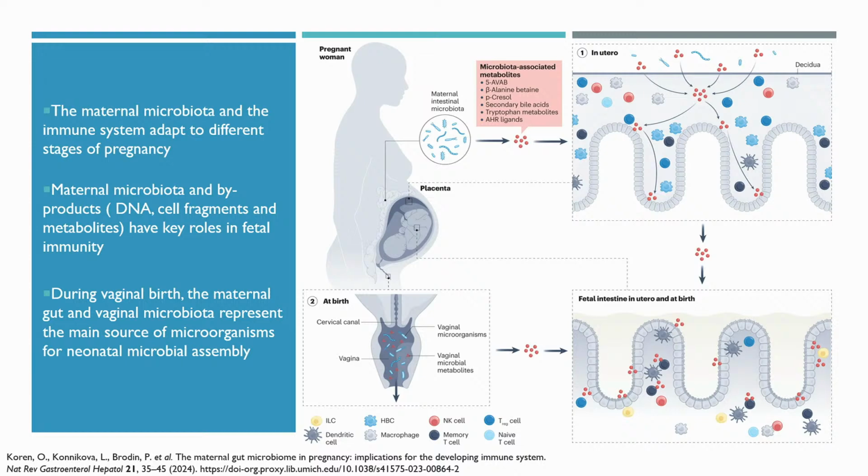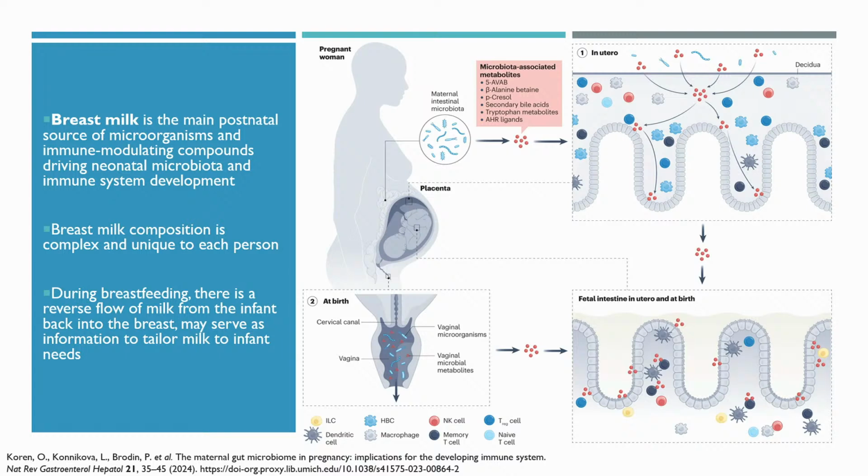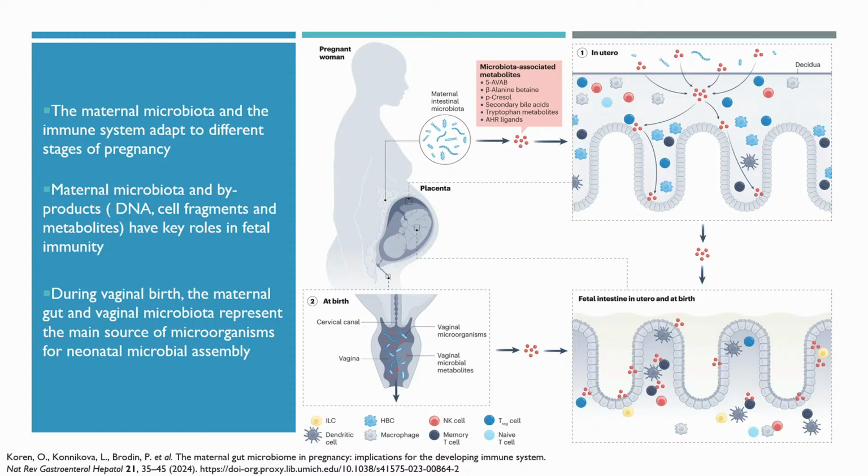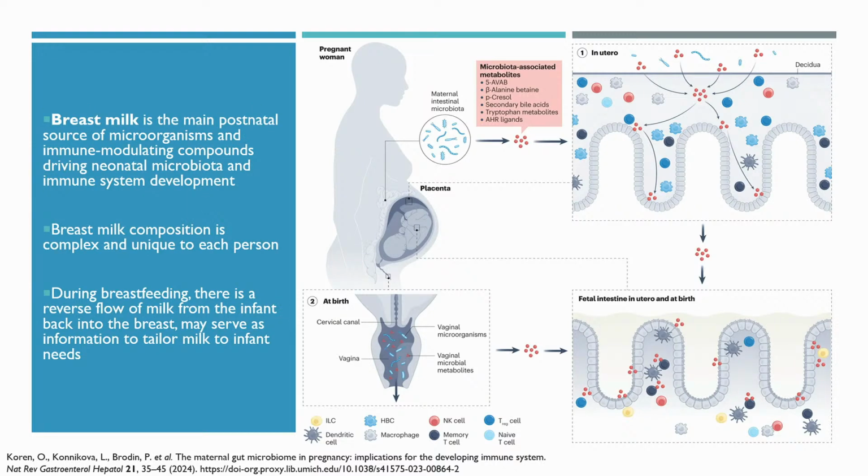So this is when the baby is in the womb still. Breast milk is the main postnatal source. So the vaginal microbiome and the mom's gut are the prenatal source of microbes. Breast milk is the postnatal source of microbes, also helping develop the immune system. The composition of the breast milk is complex and unique to each individual.